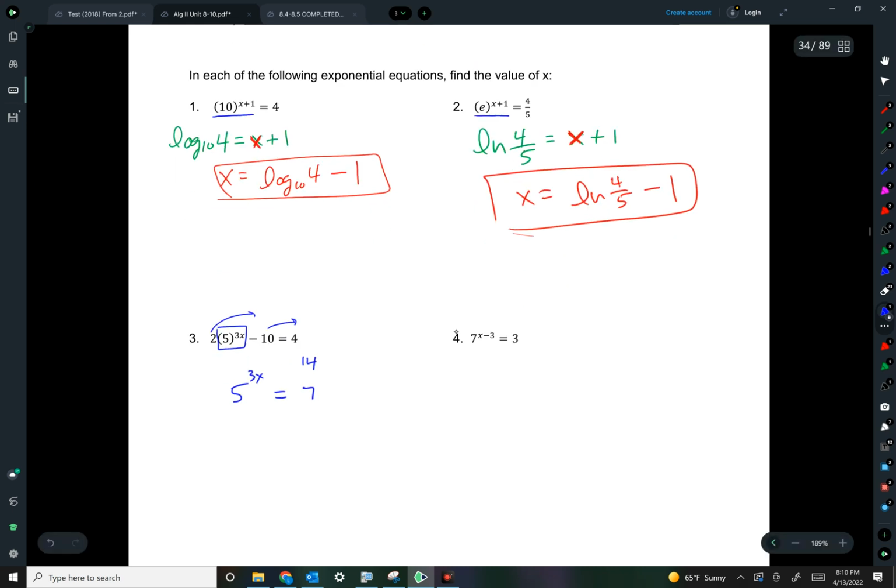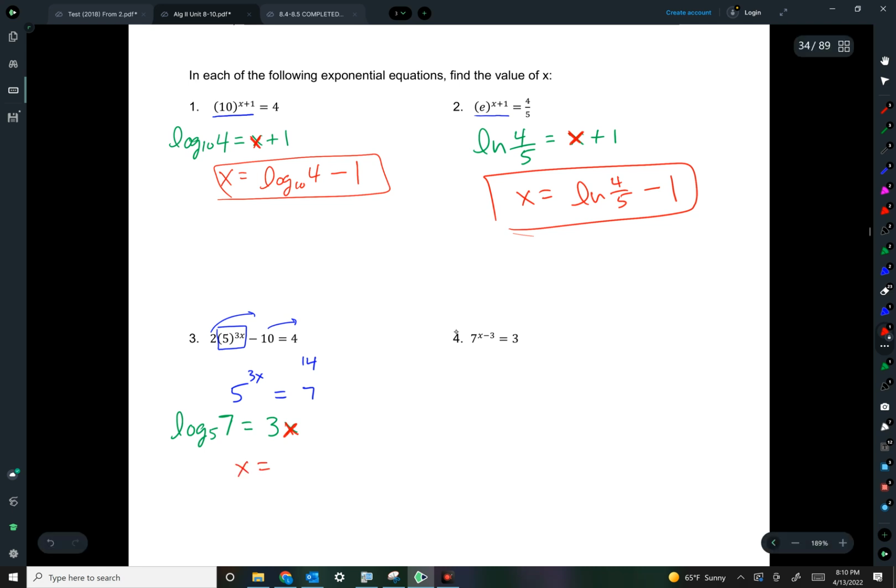Okay, now I'm ready to change to log form. So I would say log, what's the base? The base is 5, log base 5 of the answer, so of 7, equals the exponent, which is 3x. Okay, so again, if I'm going to try and solve for this x, what am I going to have to do to get rid of 3? I'll just divide by 3.